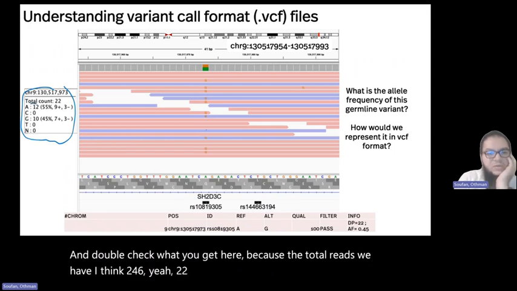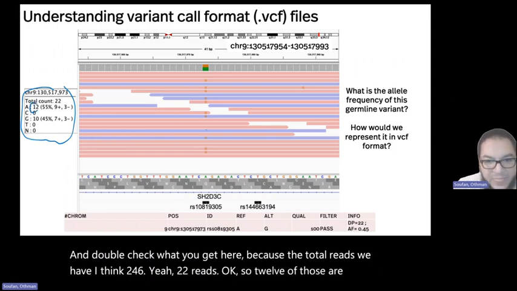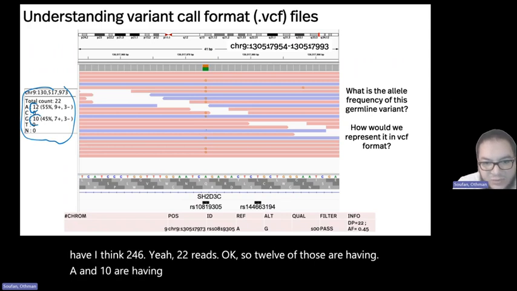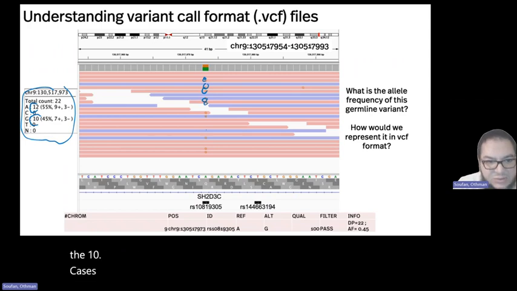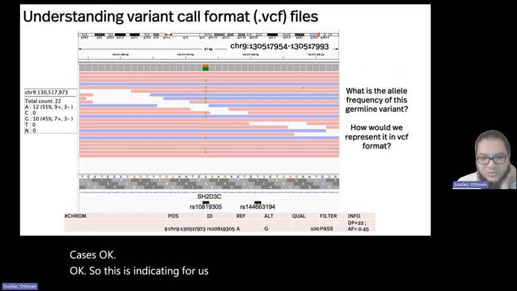So 12 of those are having A and 10 are having G. So 1, 2, 3, 4, 5, 6, 7, 8, 9, 10. So these are the 10 cases here. So this is indicating for us some changes that we can look at.